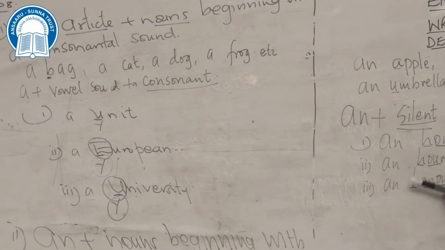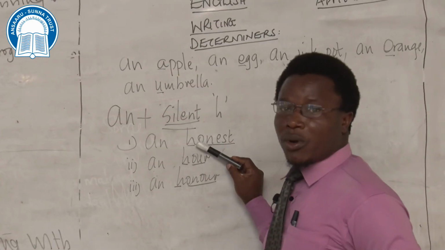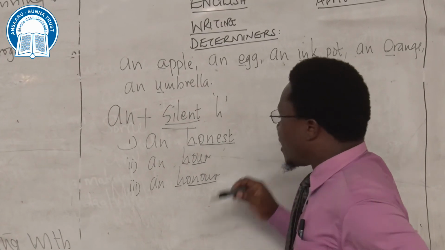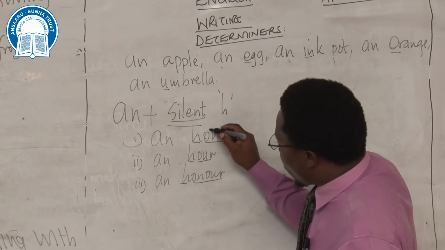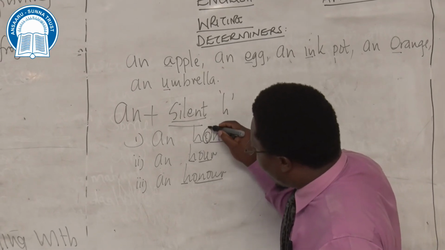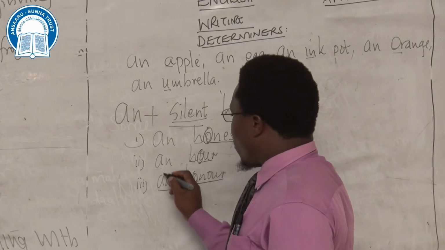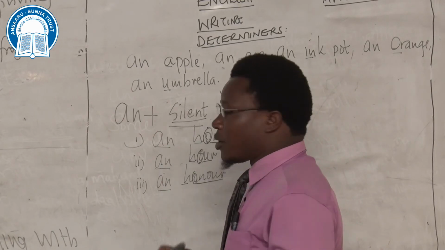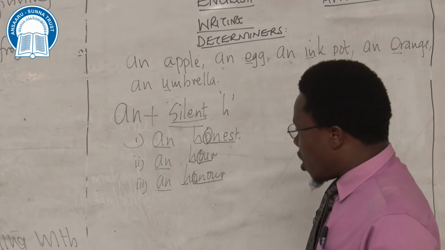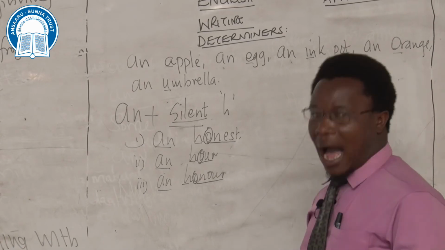But as much as it's a consonant, it is not pronounced. So in our words, it's like we are pronouncing these words beginning with a vowel, not a consonant. That's why the words are taking the article an, not article a.